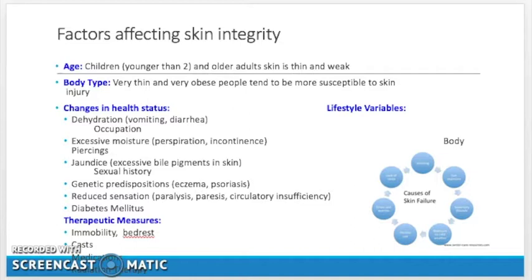Different medications can cause allergic rashes and itching, and radiation therapy can cause moist desquamation, which causes breakdown. And various lifestyle factors make a difference too. If a person smokes, has excessive sun exposure, a sedentary lifestyle, alcohol use, stress, or lack of sleep, as well as body piercings, which can cause a break in skin integrity, increasing the risk for infections.